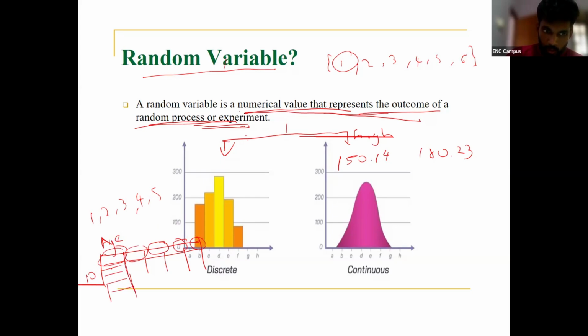Each record represents a unique record. So we can consider this value a random variable, and we can apply statistical concepts because these are random variables.